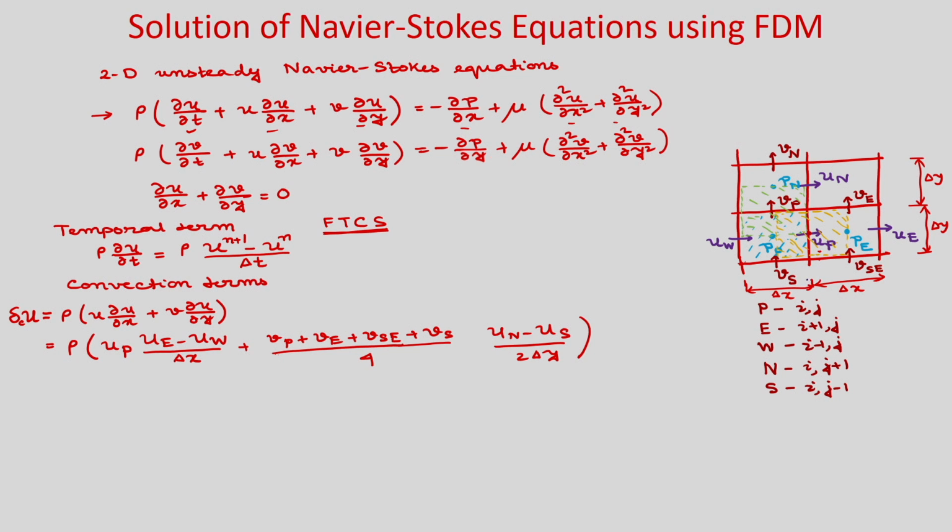So, you can write UN minus US divided by 2 delta y. Obviously, this is second order accurate.